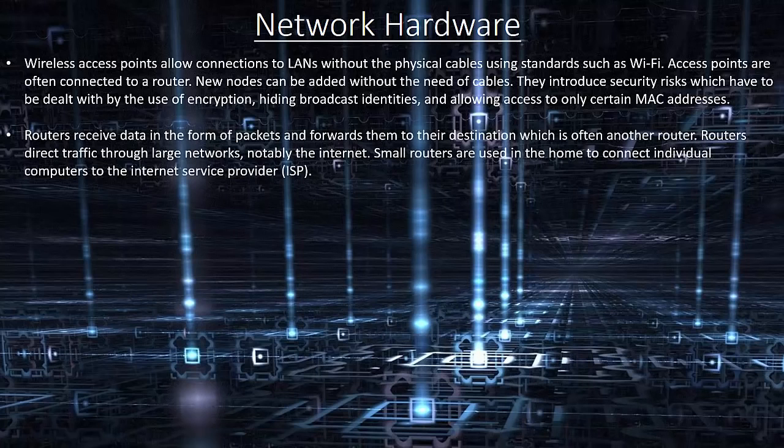Routers receive data in the form of packets and forward them to their destination, which is often another router. Routers direct traffic through large networks, notably the internet. Small routers are used in a home to connect individual computers to the Internet Service Provider, ISP.